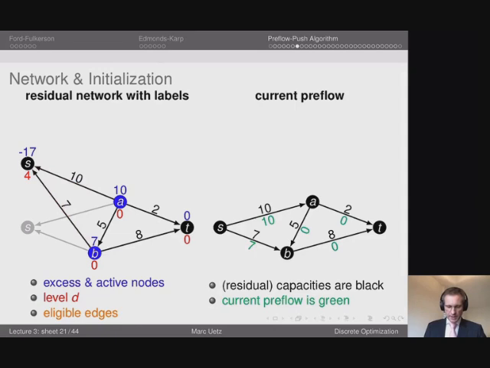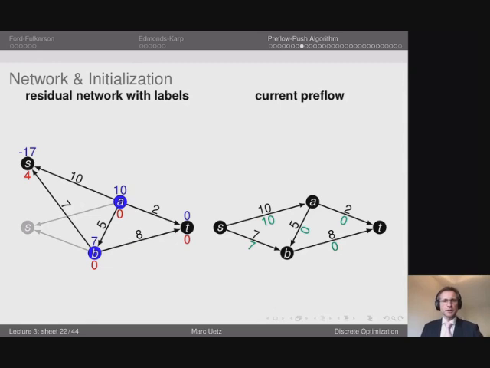And it's okay if a residual edge is upward sloping, right? These residual edges would be equal. Horizontal is what I mean. Okay, so that's the situation after the first phase, the initialization.